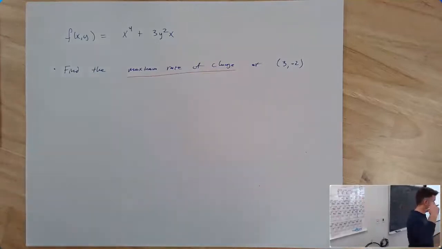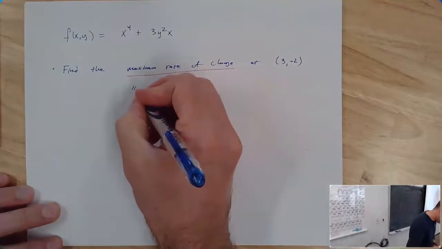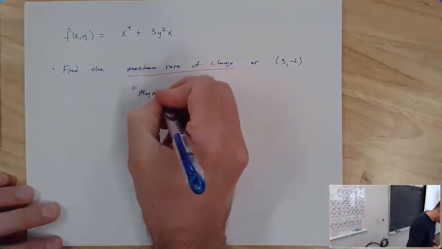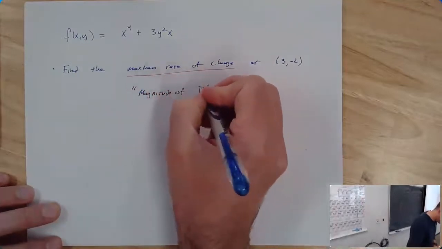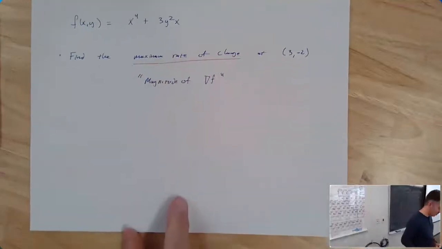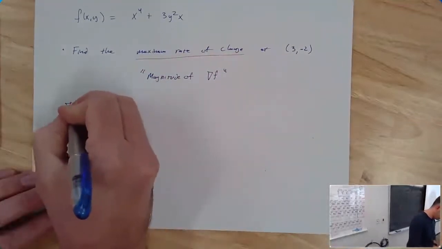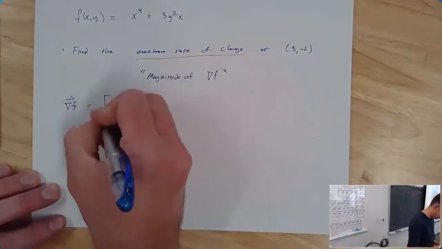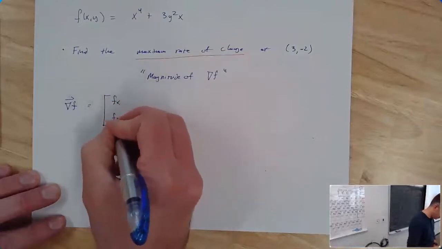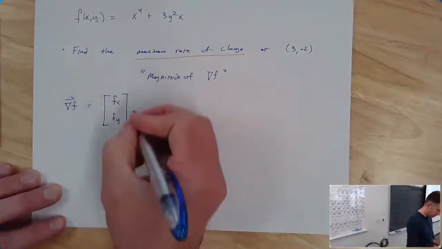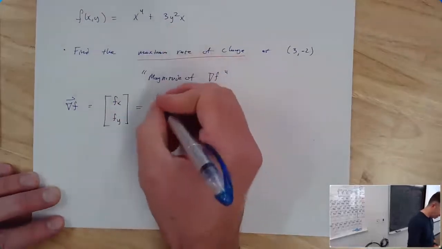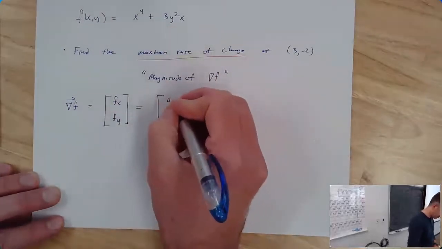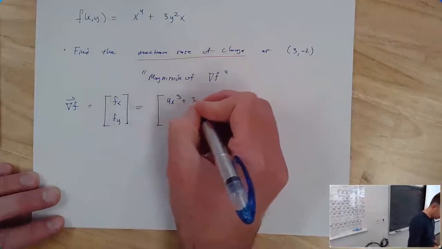So when you see maximum rate of change, we think what? Gradient. Specifically, this is the magnitude of the gradient. So we're going to find the gradient, which is a vector, and it's just going to be the vector of partial derivatives, the vector fx, fy. The partial with respect to x is 4x cubed plus 3y squared.